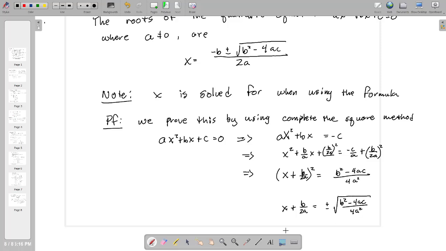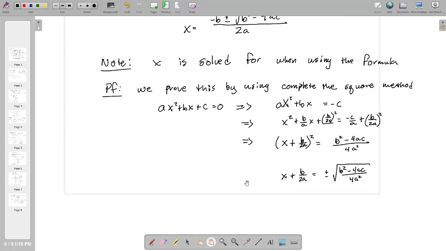Now if you remember, we can actually take the square root of the top and the bottom separately when we have a fraction under a radical. Taking the square root of the bottom will help because it's just going to be 2a. So we end up with x plus b over 2a is equal to plus or minus square root b squared minus 4ac over 2a.